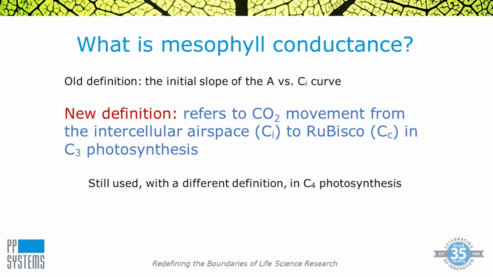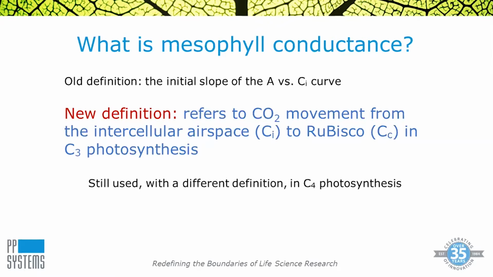The new definition: mesophyll conductance refers to the movement of CO2 from the intercellular airspace, which is indicated as CI, to rubisco, or CC, the CO2 concentration in the chloroplast, specifically in C3 photosynthesis.